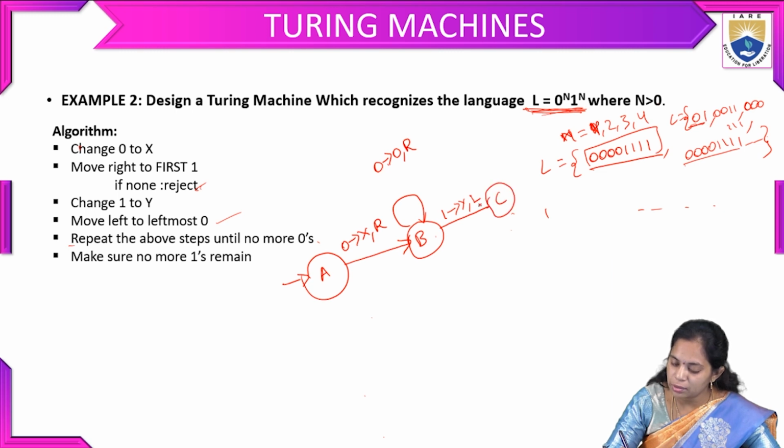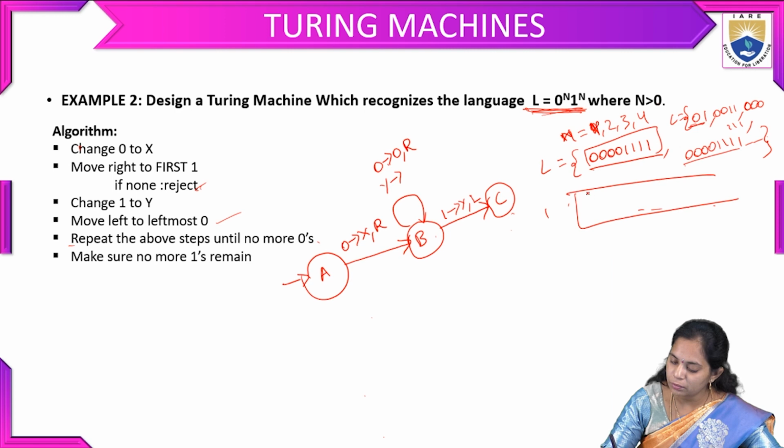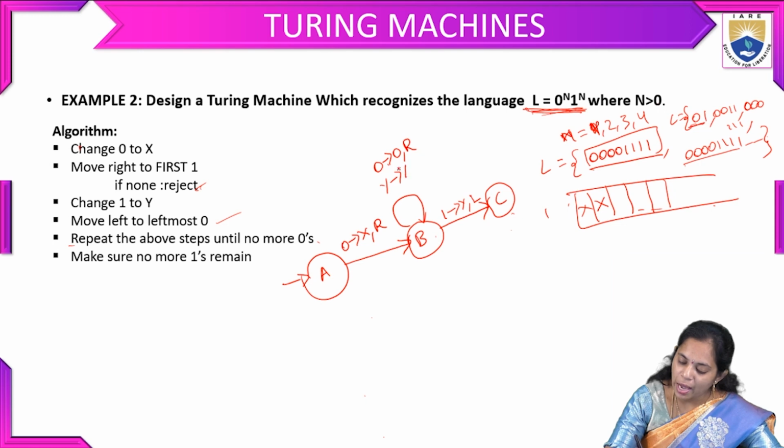And here this is the C. And after this one, whenever we find 0, we will replace it with the X symbol. And here Y is there, and in this case, this Y is replaced with Y, and we have to move to the right direction.